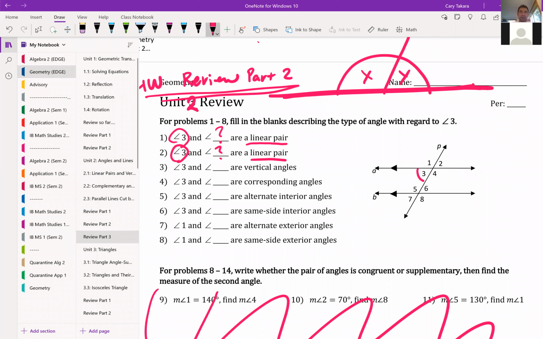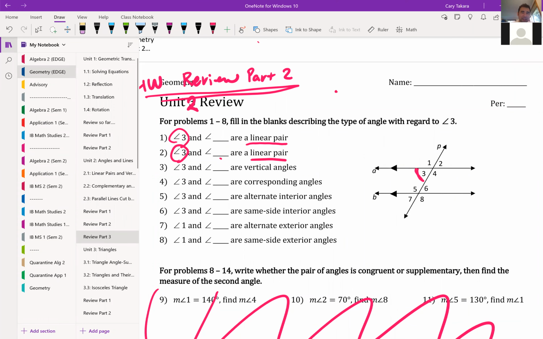That's a linear pair. So the first answer could be 3 and 4. Isn't that linear pair? It's kind of like an upside down sunset, right? So 3 and 4 are linear pair. But you could also do it this way, right? 3 and 1 are also linear pair.